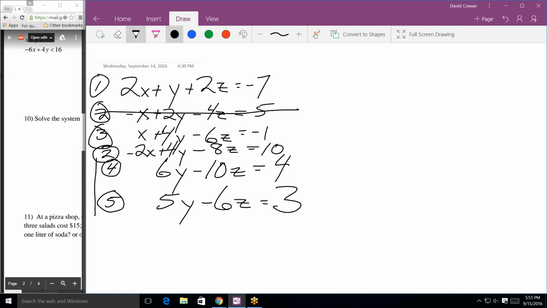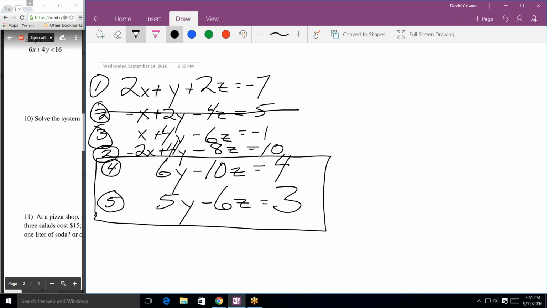Now I have whittled the problem down to 2 equations and 2 unknowns. And now this is going to allow me to solve for either y or z, whichever one I decide. And then I'm going to back up. Once I solve for one variable, I'm going to back up and solve for the second variable, and then I'm going to back up and solve for the third variable.